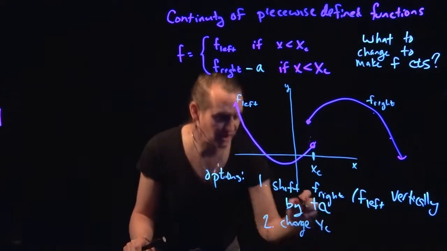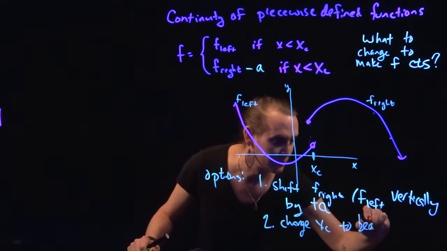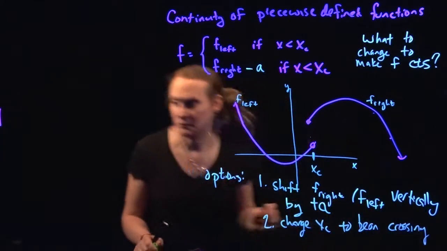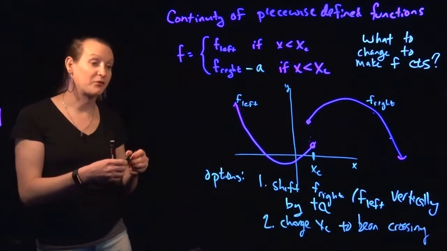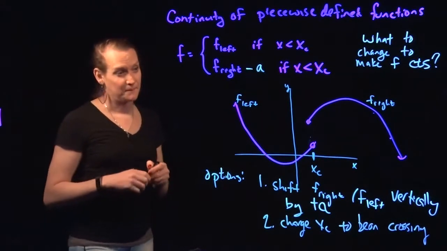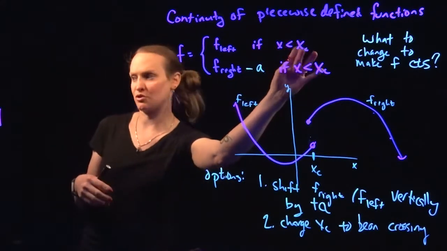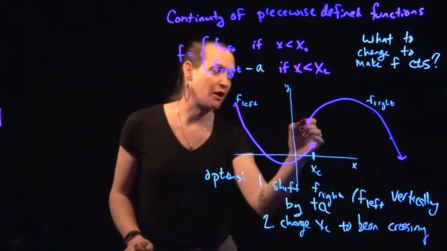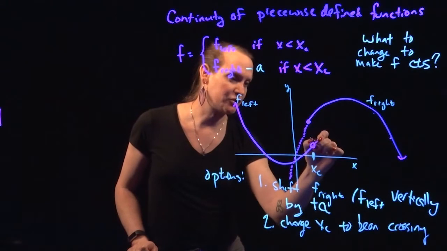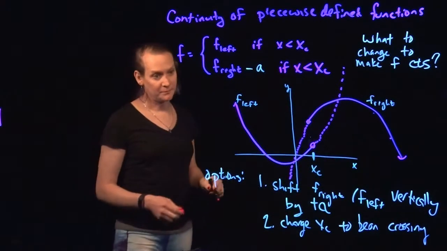So I'm going to change x sub c to be a crossing, a place where f sub left and f sub right cross. So in order for this to work, the two functions, f sub left and f sub right, without the domain restrictions right here, have to be able to cross. So if I were to keep drawing these functions, they would intersect at those two places.